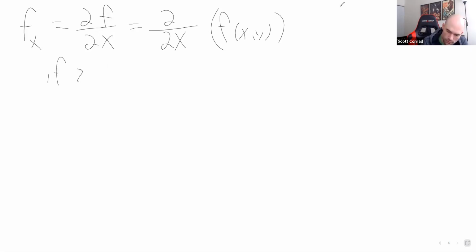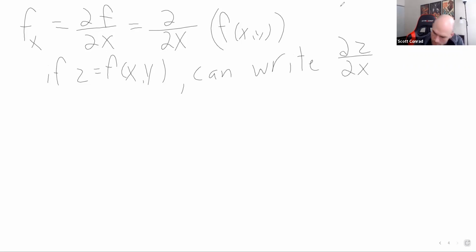Or sometimes we're going to write z equals f of x y. Sort of the same thing as like y equals f of x. It'll pop up in some context. So if we say z is equal to f of x y, we can also write, instead of df dx, we can call it dz dx, etc. It's just a bit of notation. And then you can do the same for y. F sub y is df dy, ddy f of x y, dz dy if z is f of x y, etc.